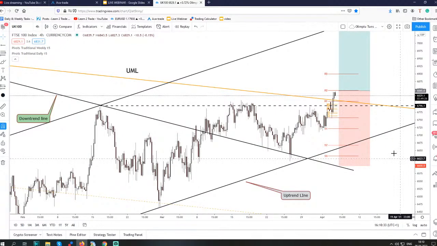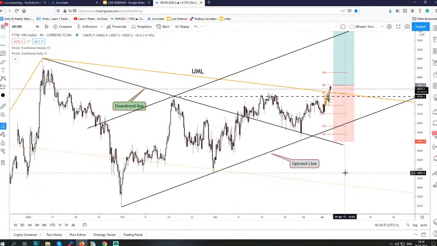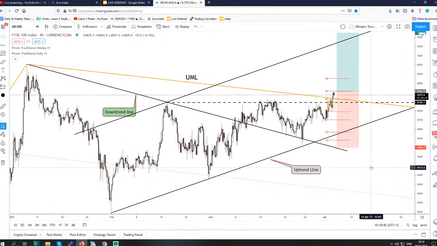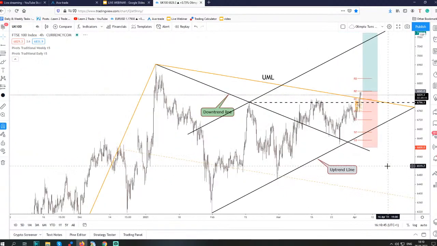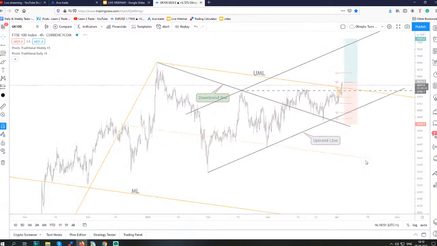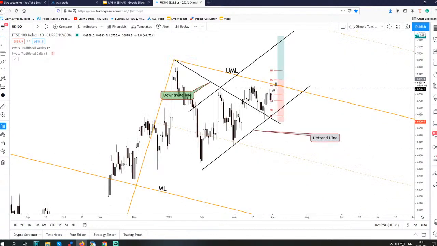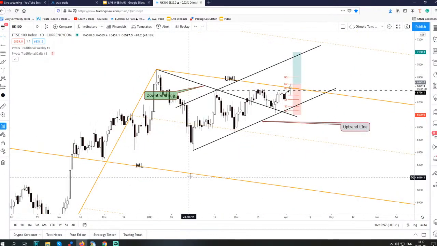Okay, maybe you are wondering why we opened this buy stop position here on the FTSE 100, UK 100. So as you can see here, the price, let's go on the daily chart. The price has decreased a little here.